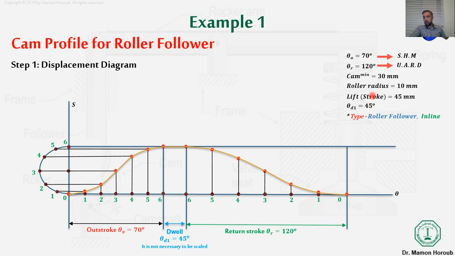So if I subtract 360 minus 235 degrees, it will give me my dwell, which is the last thing, 125 degrees.